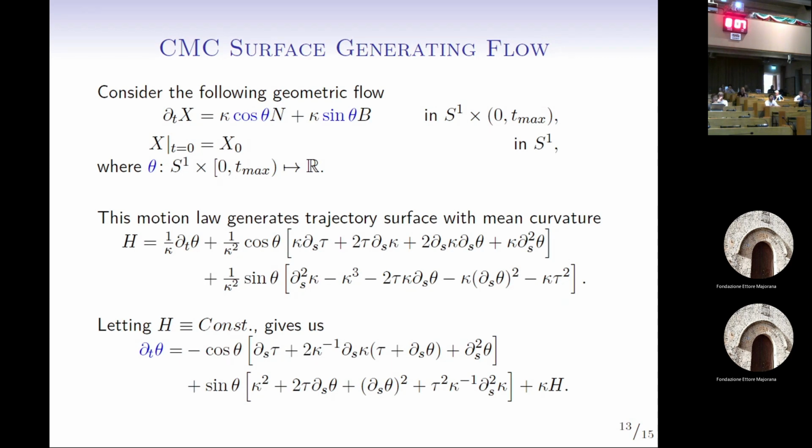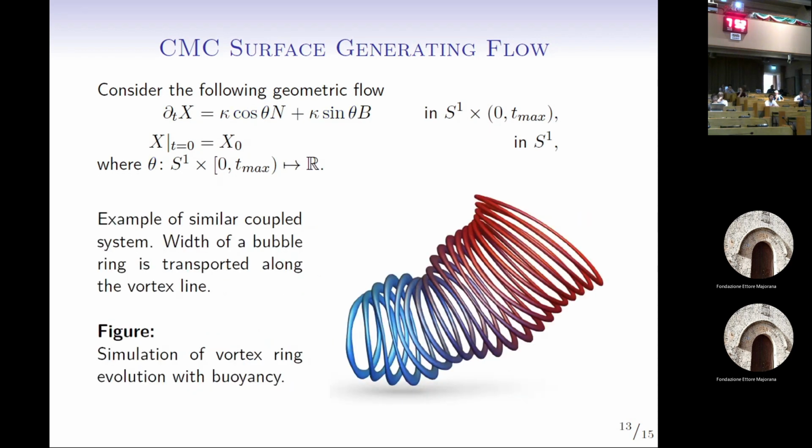And here we can prescribe not just zero mean curvature, but any constant mean curvature. One of the reasons why I'm interested in this formulation is that it's close to some of the other things that we are studying, which I'm not including in this presentation.